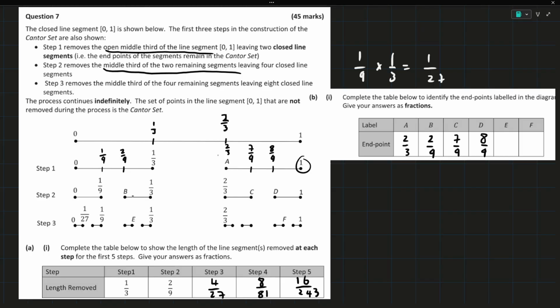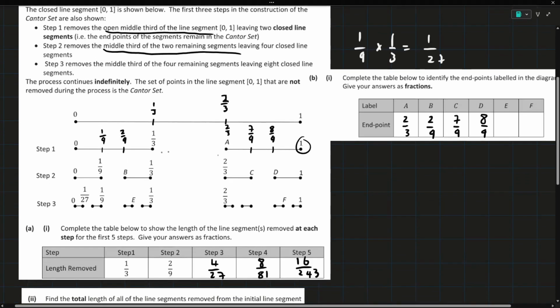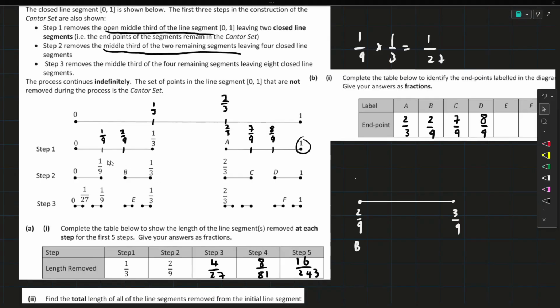Then if we have a look at E, so it's starting to get a little more complicated, but B here is 2/9, so I might just bring this out to the side. I've just taken this segment here, right? So B is 2/9, and then it goes up to a third, which I'm just writing as 3/9 to make things clearer.